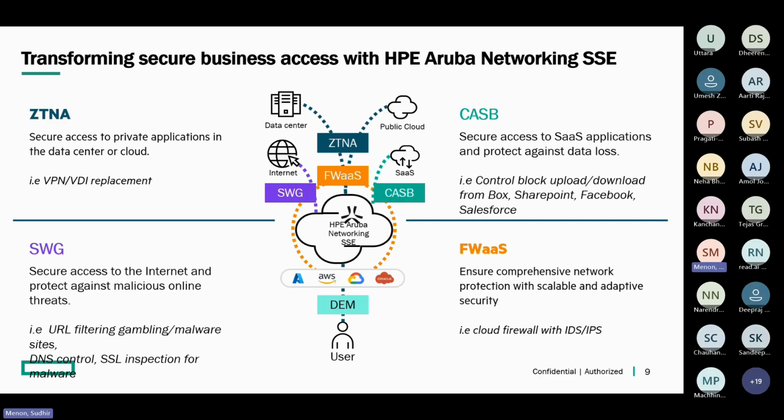I have a further slide where I've put a snippet to show what the monitoring dashboard looks like. So each of these four technologies along with DEM comprises the Aruba Networking SSE.